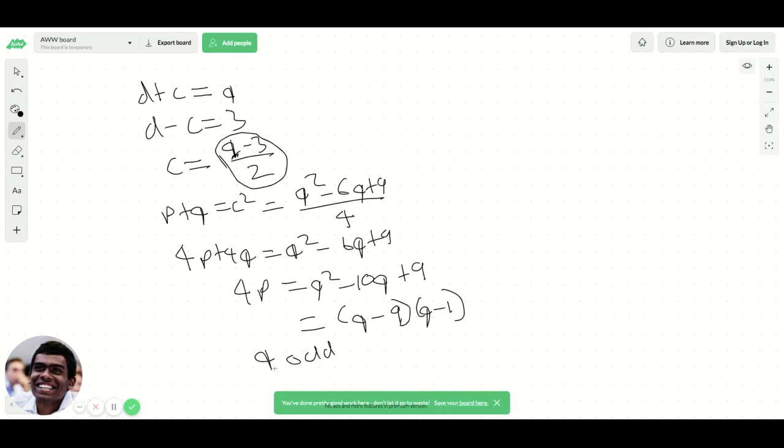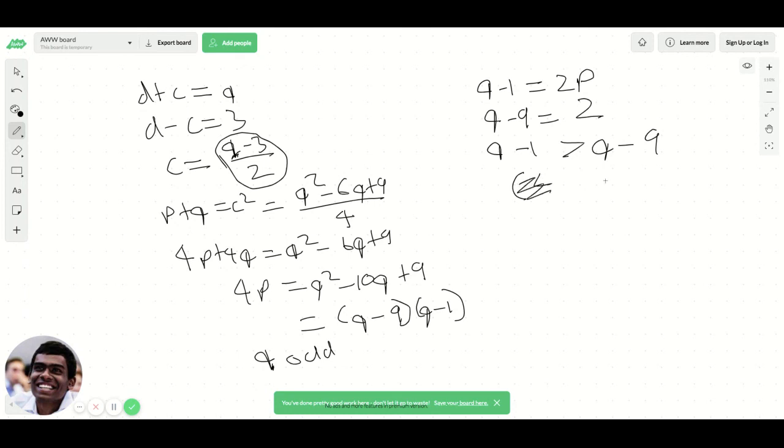And so in order to have Q being odd, we would need to have Q minus 1 equal 2P, and Q minus 9 in this case equal 2. Again, we do know that Q minus 1 is bigger than Q minus 9. So the only other real options were 4.